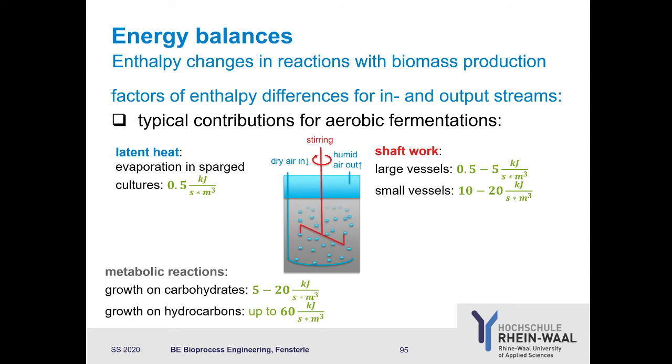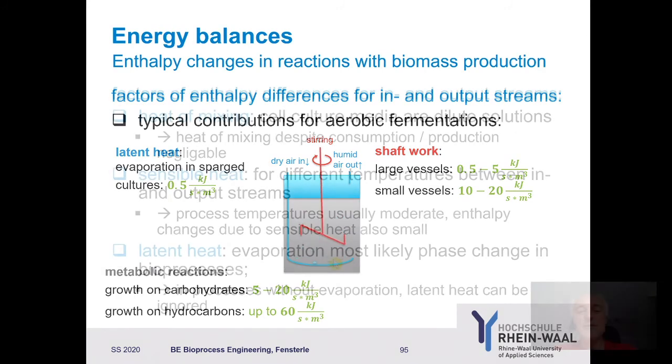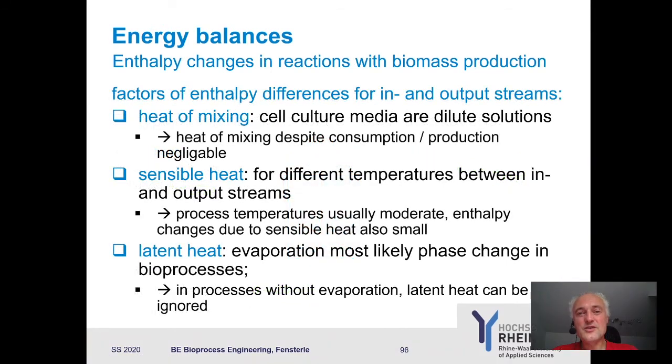Especially in this metabolic reaction, if I look at a culture where I start with a low biomass concentration, of course, the heat of reaction will also be low. The evaporation is a phase change we have in a sparged culture. And there, if we sparge, we will have a relevant decrease of heat from our system. Latent heat is at least in the same order of magnitude as our heat of reaction.